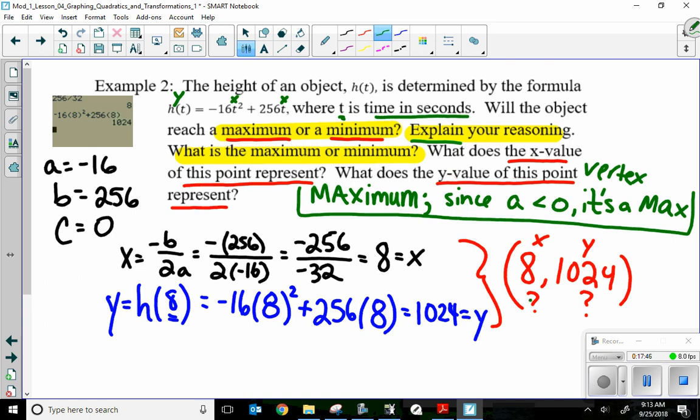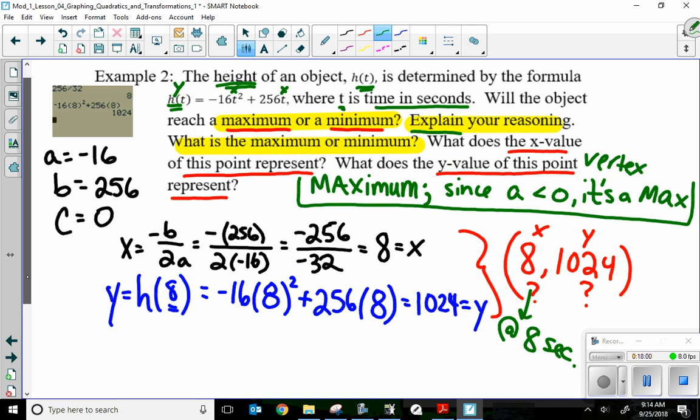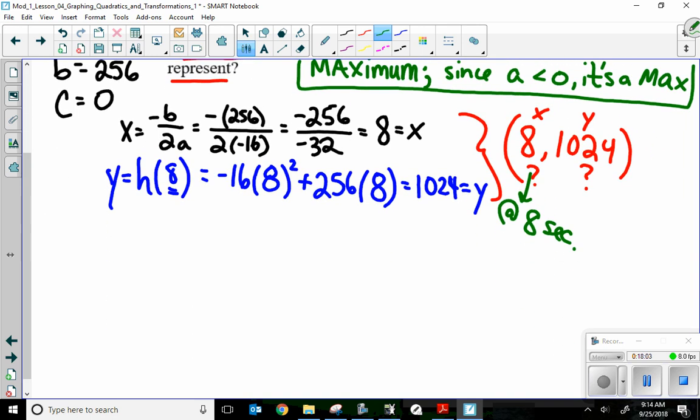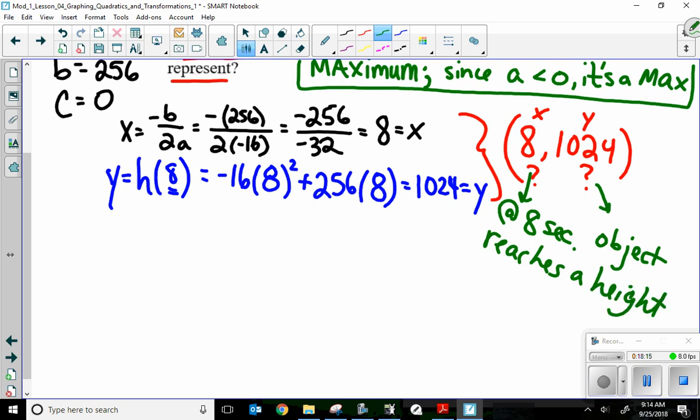So this means at 8 seconds, my y, which is h of t, is the height. I'm going to go down here. At 8 seconds, the object reaches a height of 1,024. And I want to make sure my label's correct. Is it feet?